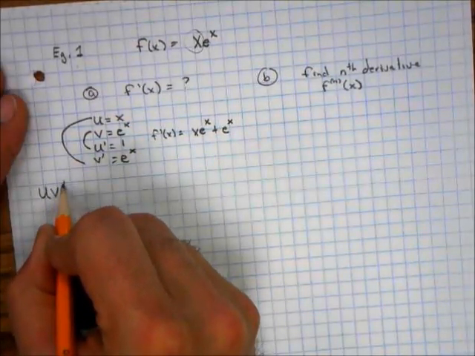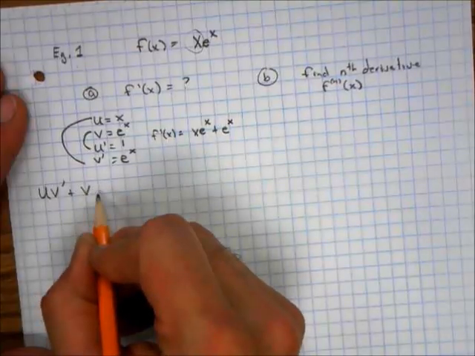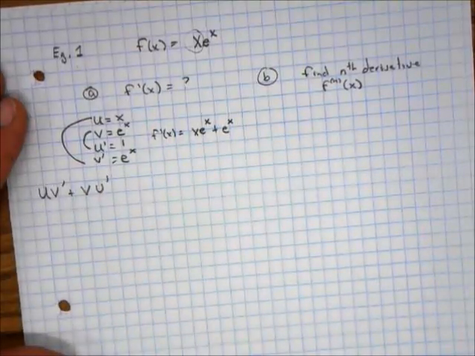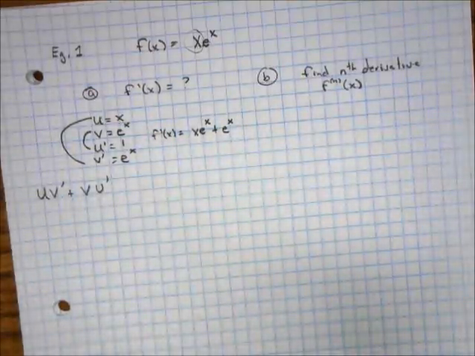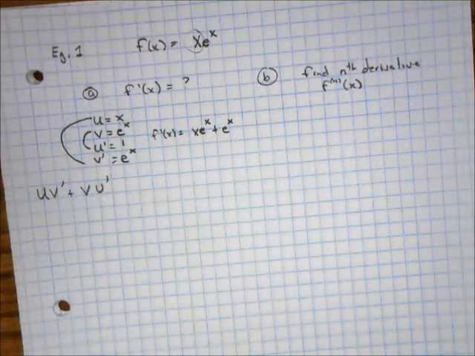Original times the other derivative plus original times the other derivative. With the product rule, it doesn't matter which one you do. You just have to pair an original with the other one's derivative.